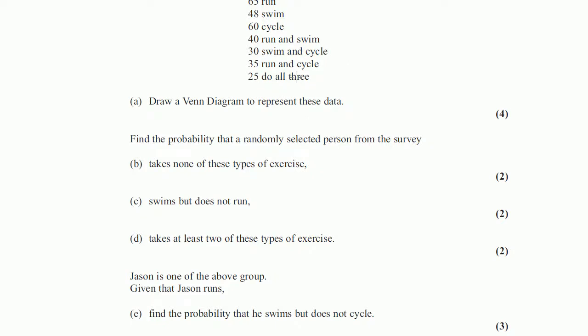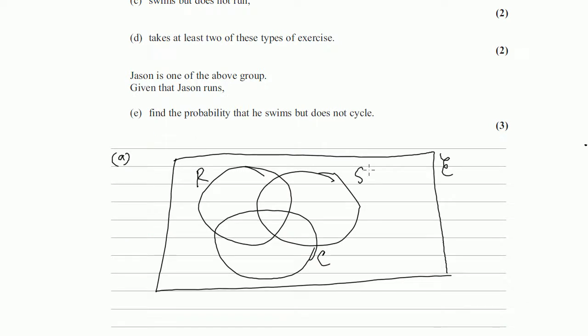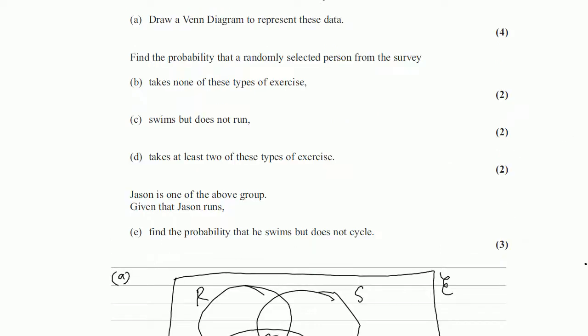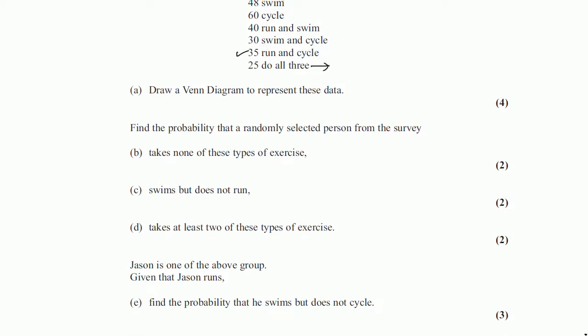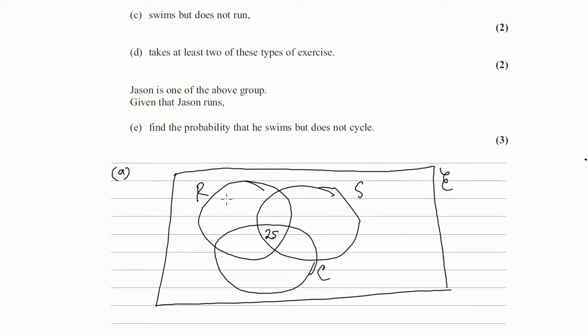25 do all 3. So this is this information, 25 do all 3. So 25. Now let's cover this region, intersection, run and swim, run and cycle, swim and cycle. Gradually let's cover that up. Run and cycle is 35. So if run and cycle is 35 and this is already 25, this has to be 10.